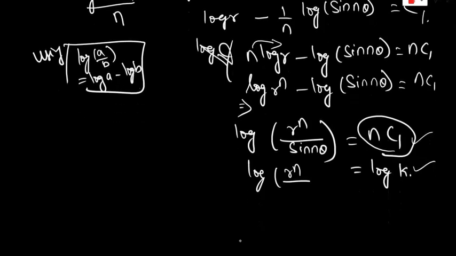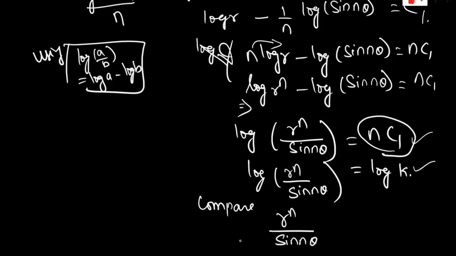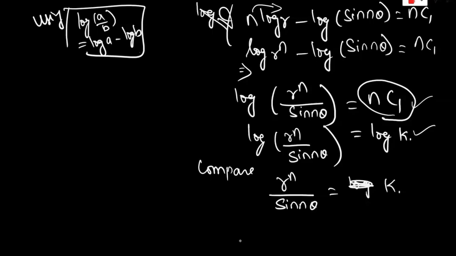So this is r power n by sine n theta. If I compare, what you will get? r power n by sine n theta is equal to k. Because log A is equal to log B means obviously A is equal to B, which implies r power n is equal to k into sine n theta.